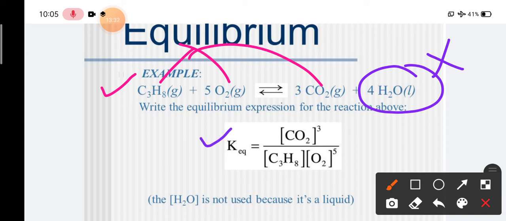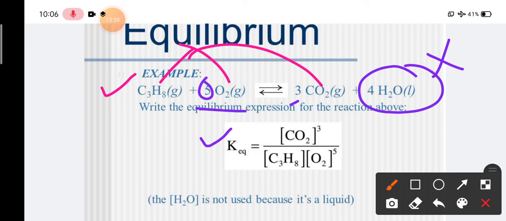So Keq will be the product to the power of its stoichiometric coefficient: the concentration of CO2 to the power 3, because 3 is the stoichiometric coefficient. By the reactants, the concentration of C3H8, which has no stoichiometric coefficient, so it will be only 1, and the other reactant, oxygen: concentration of oxygen to the power 5, because 5 is the stoichiometric coefficient.